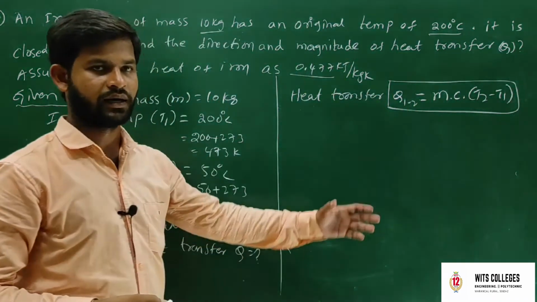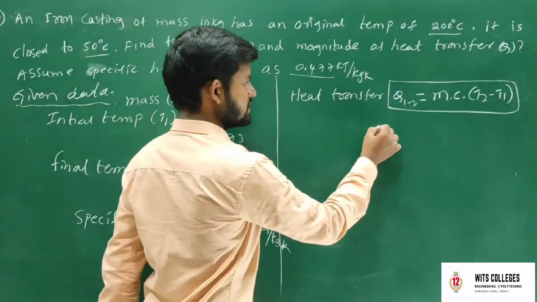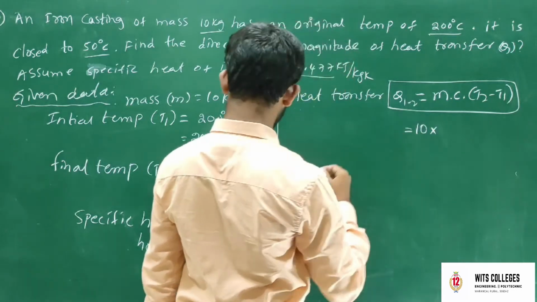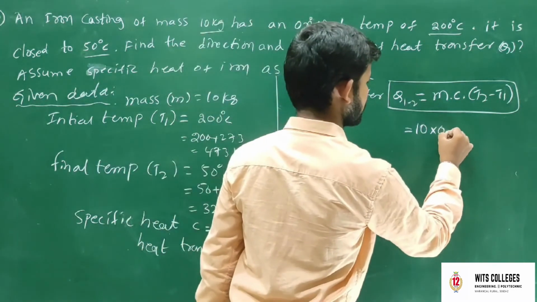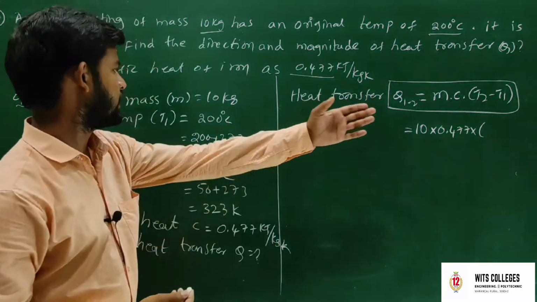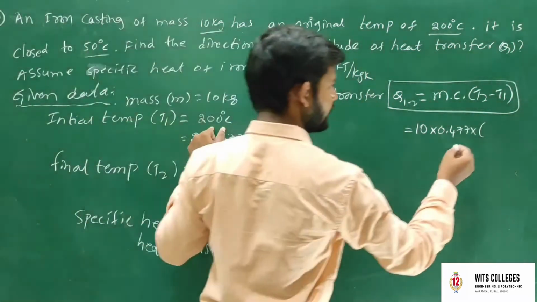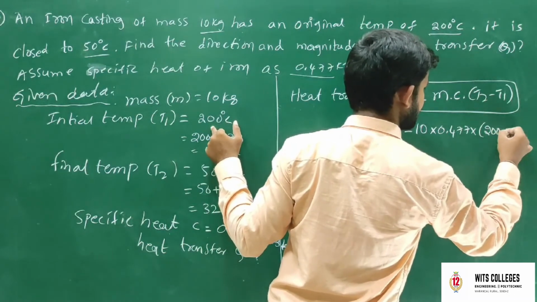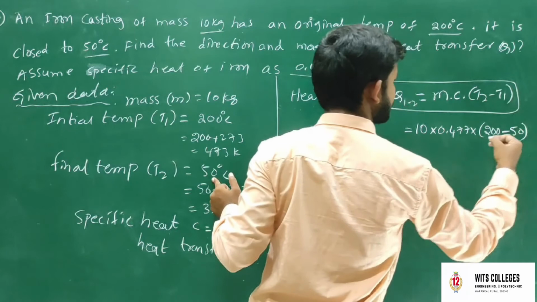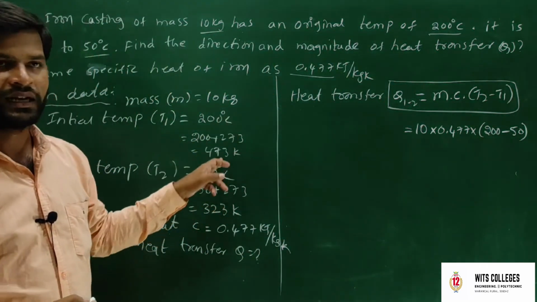We know this from earlier classes. M equals 10 kg and C equals 0.477, into T2, which is 200, minus T1, which is 50 degrees centigrade. Here we have the common unit of degrees centigrade.